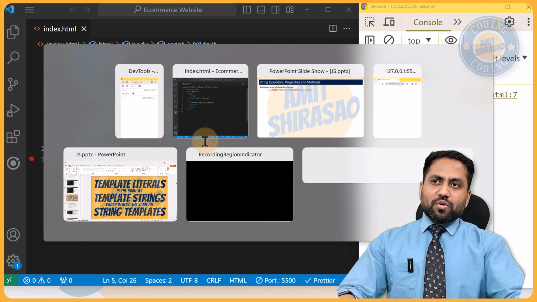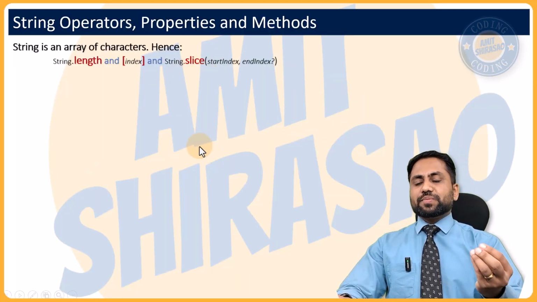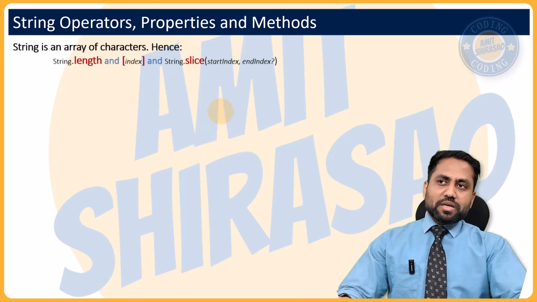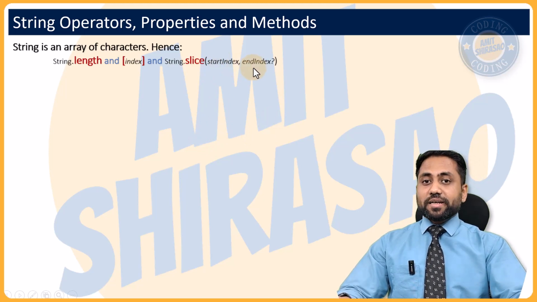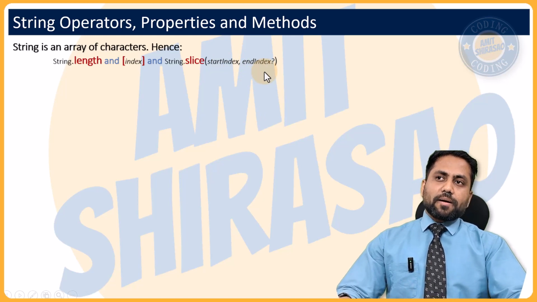Similarly, I can also use slice. The slice method basically returns part of the array. It takes 2 arguments. The first argument is the start index, the next argument is the end index. The end index is optional, so I'll tell you what to do with this.